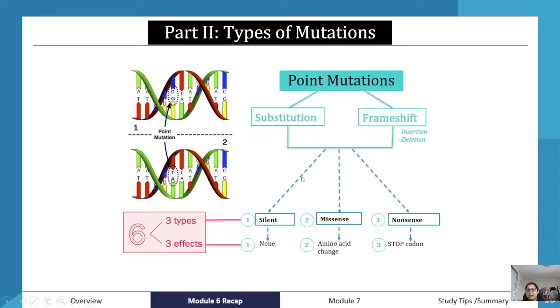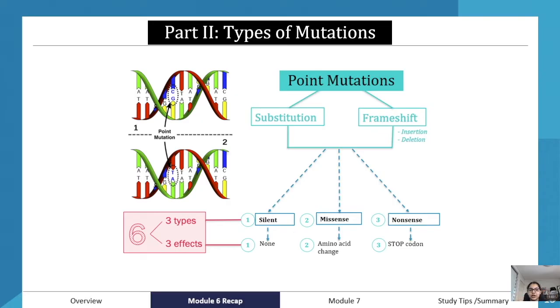So the three types, they can be silent mutations. Silent mutations is when there is no effect on the codon, on the DNA. So there's no effect, it's silent. The second is missense, which is when we see a change in the amino acid because the codons have been disturbed.